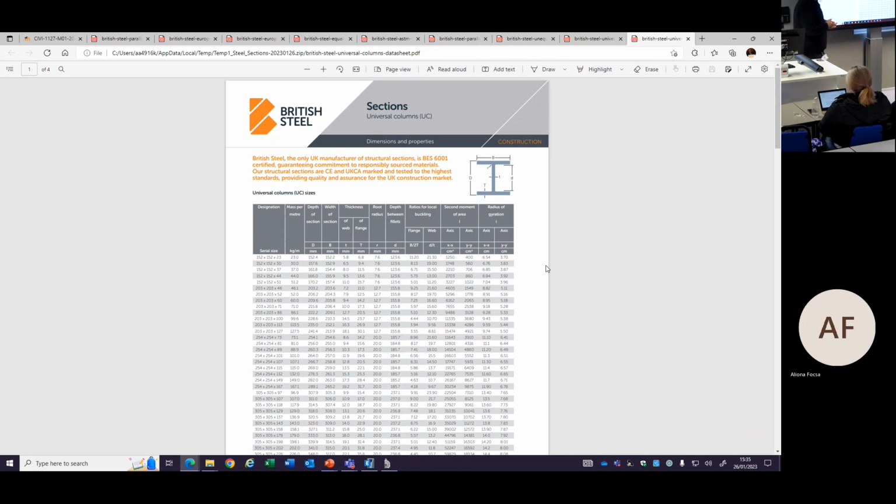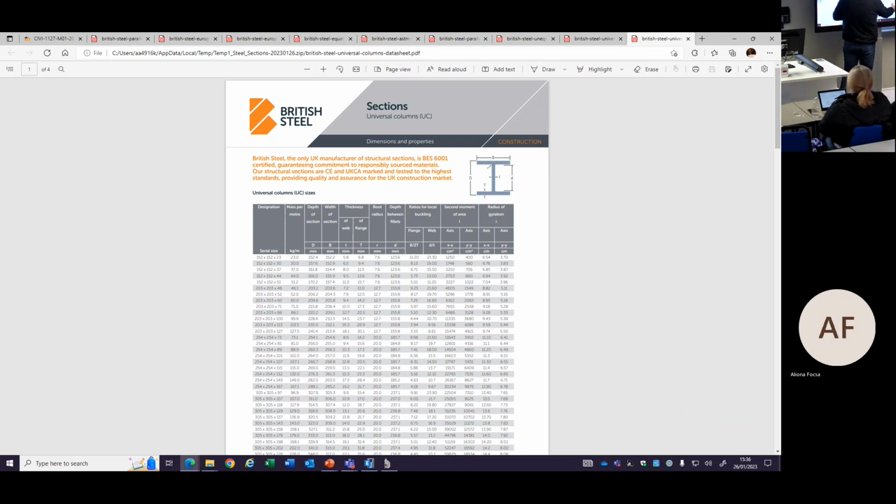So if you need some threshold for the I, say 9,000 something or 10,000 centimeter to the power 4, this column is the second moment of area.